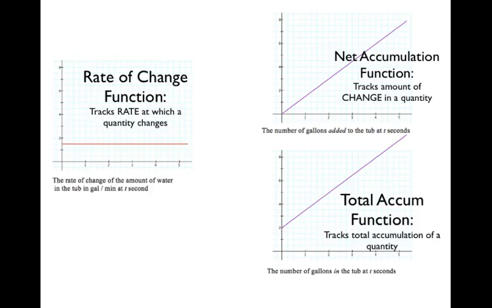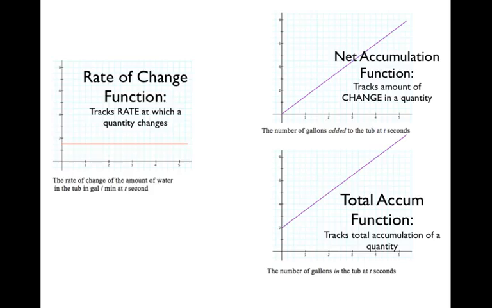Okay, so these terms are going to be really important when we have these different functions. Rate of change function, a net accumulation function, which tracks the amount of change, and then a total accumulation function, which gives us the total accumulation of the quantity at any value of the independent variable, which will include some starting value, if you have a starting value.